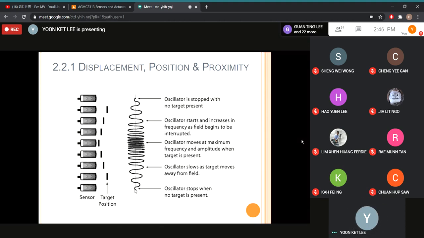That means this capacitive sensor has a range, for example 0 to 5 mm, or 0 to 3 mm, or maybe 0 to 1 centimeter. If longer than 1 centimeter, this capacitive sensor cannot detect.